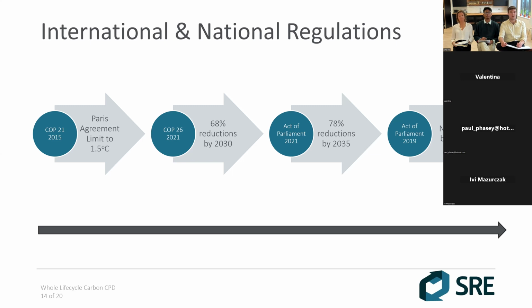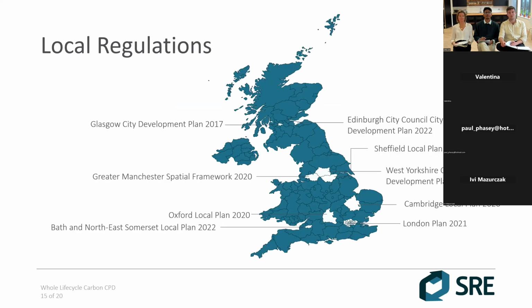This was a 78% reduction by 2035, with the intention to show that we're on track, making progress towards the final and I suppose pinnacle, which is the legislative 2019 Act of Parliament agreement to achieve net zero by 2050 in the UK. And that's essentially what we're working towards. That's a major goal.